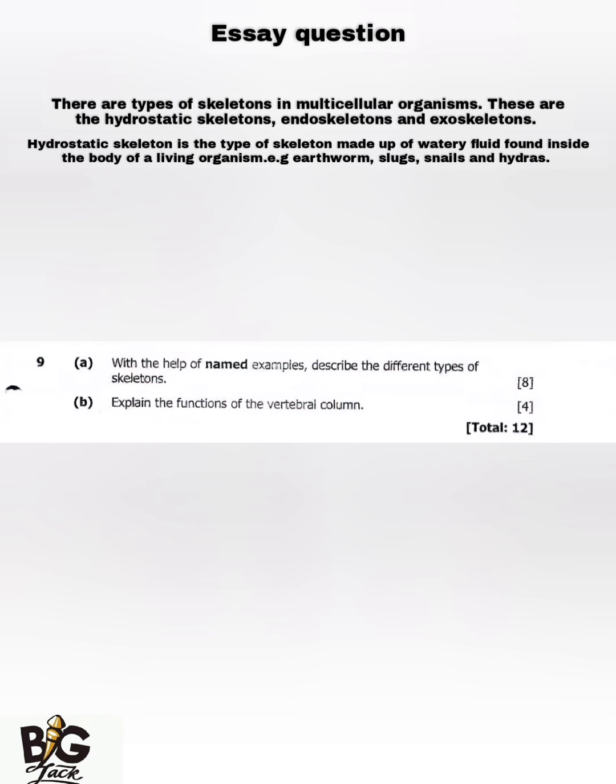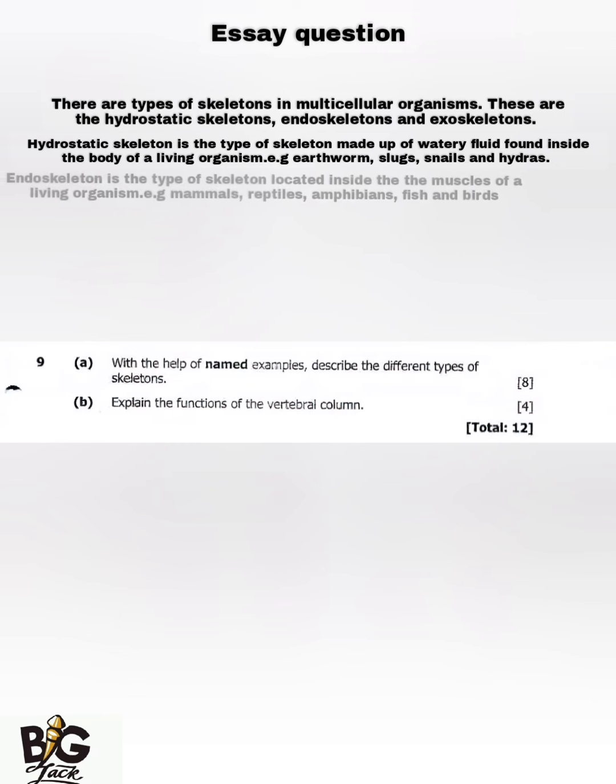Okay, so the next one is the endoskeleton. As for the endoskeleton, this is a type of skeleton which is located inside the muscle of the living organism. For example, it is found where? In all mammals, birds, reptiles, and amphibians.